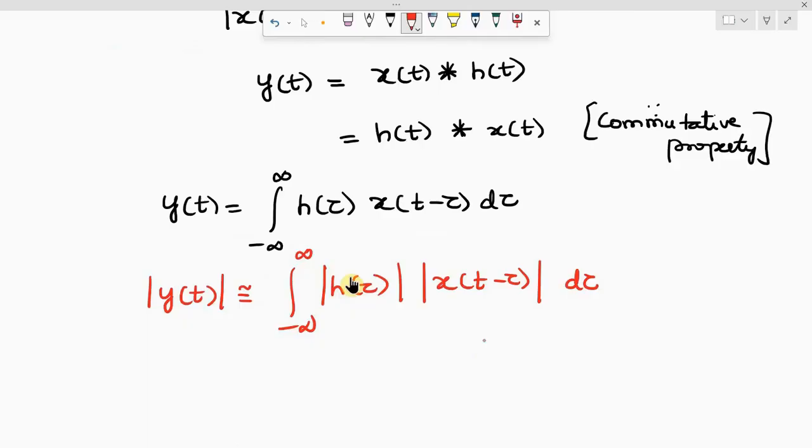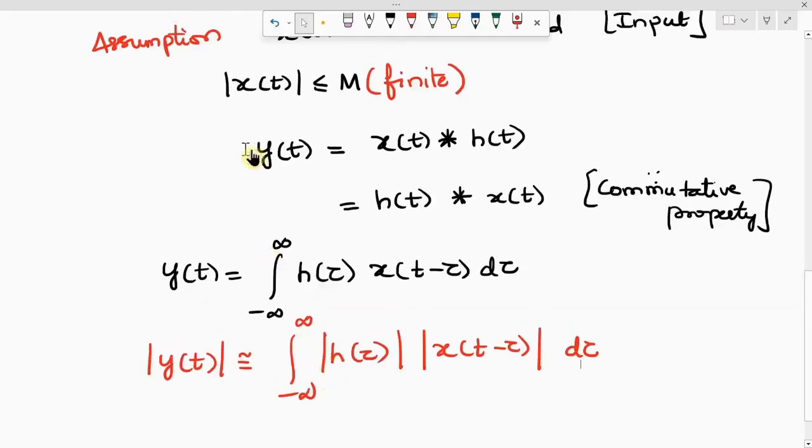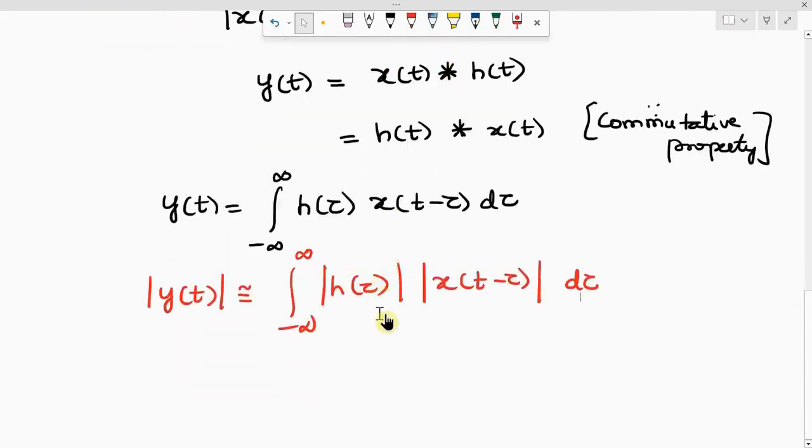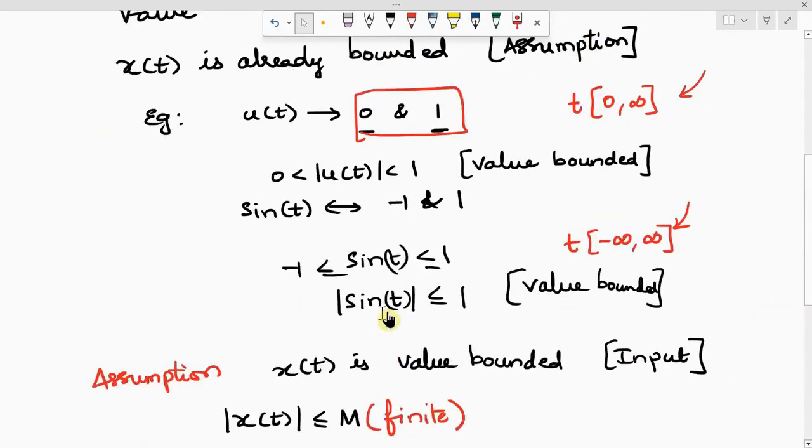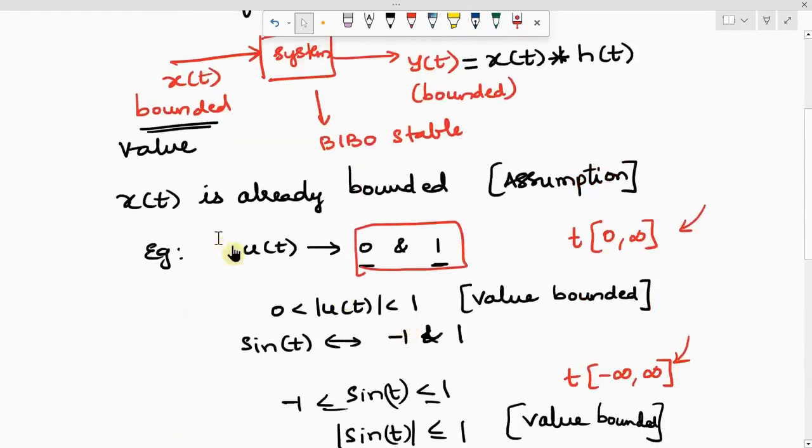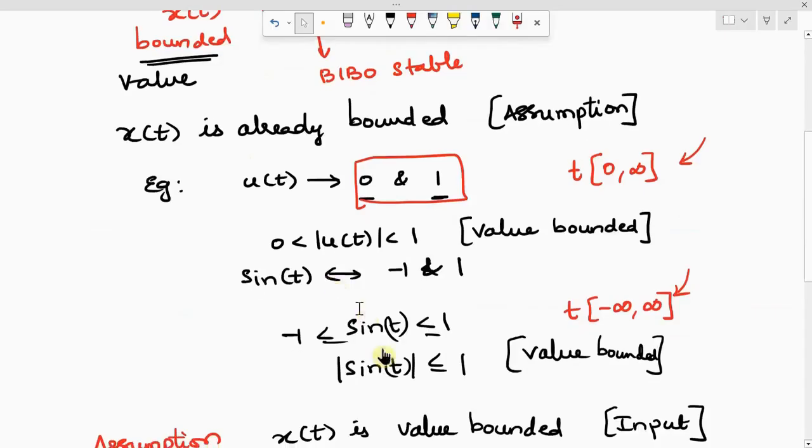Sir, can you explain why you specifically took the mod? Because here, I am talking about the boundedness of the values of x of t. Here, did you see these examples? Yes, sir. Okay. So the values of any function are generally represented with the modulus symbol. The sine t, its values are represented with mod lying within the limit less than or equal to 1.